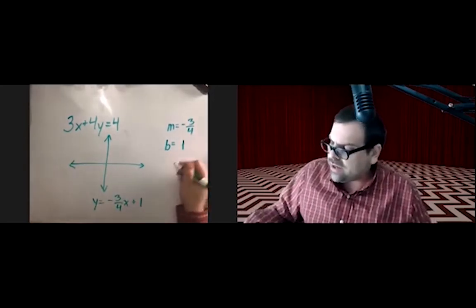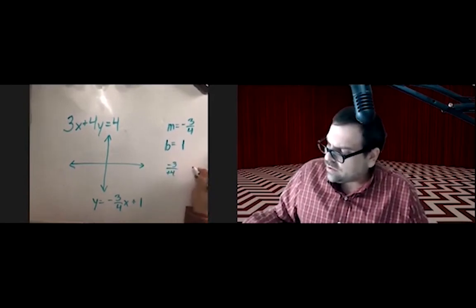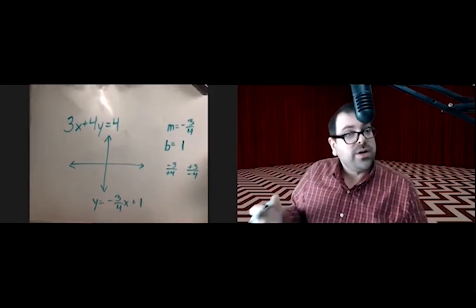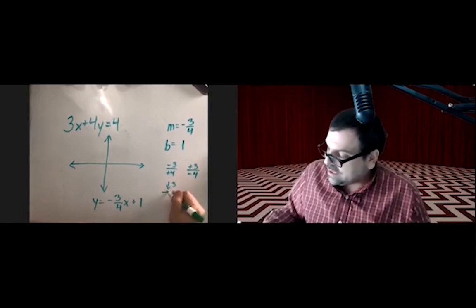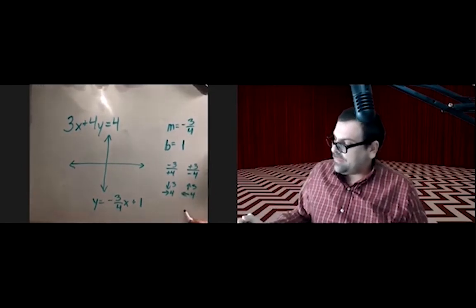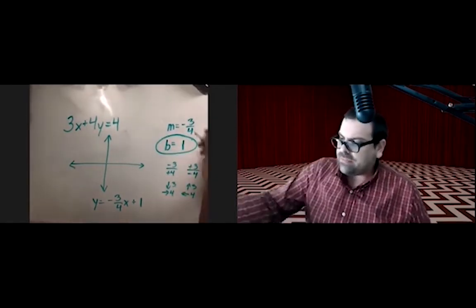A slope of negative 3/4 is either negative 3 over positive 4 or positive 3 over negative 4. So when it comes time to do the slopes, that's down 3, right 4, or up 3, left 4. Where are we going to count from? That's what our y-intercept is for.